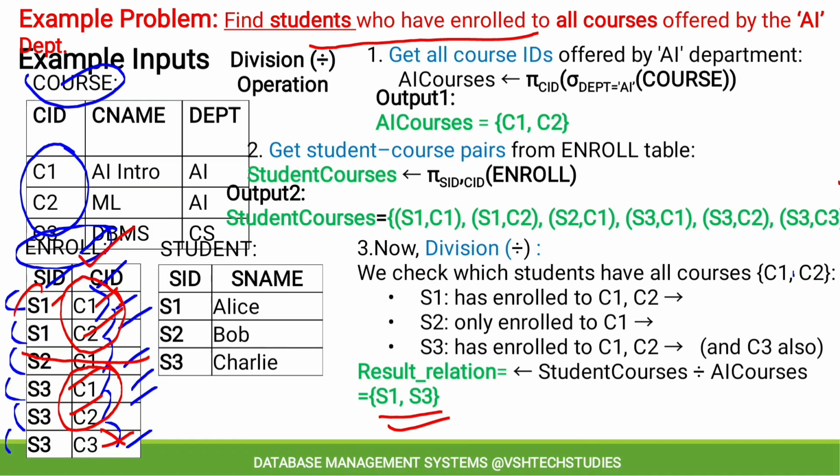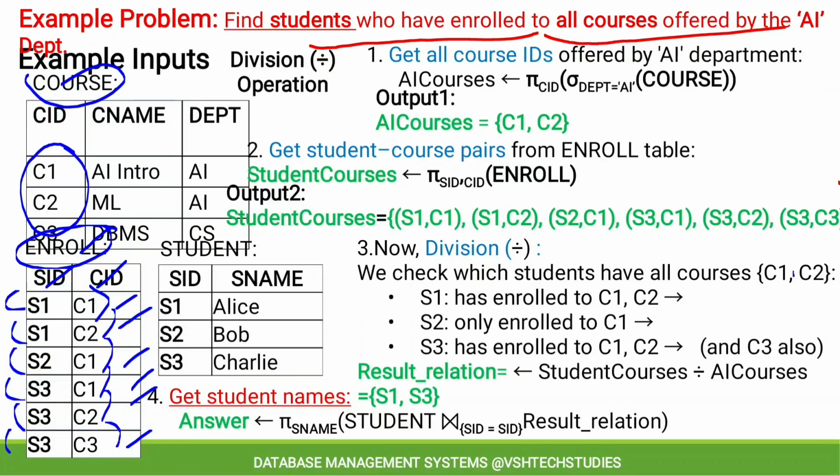Only S1 and S3 out of 3 students have enrolled to both the courses, C1 and C2. This is very important because C1 and C2 are the courses offered by the AI department, and hence S1, S3 are the students who have enrolled to all the courses offered by the AI department. So this is our answer.